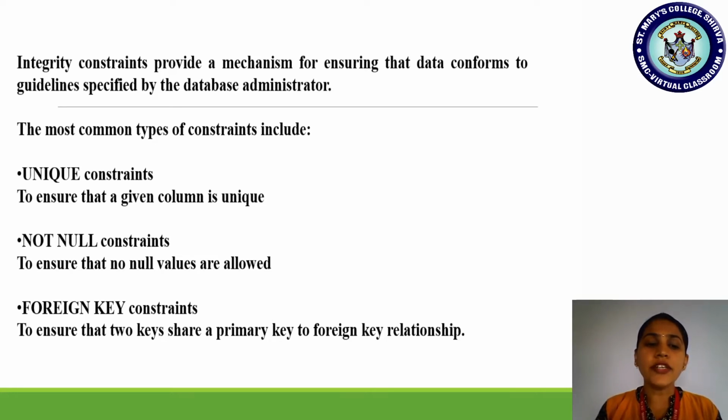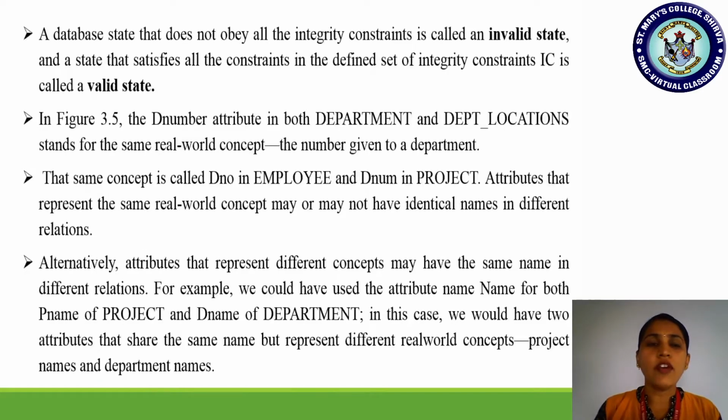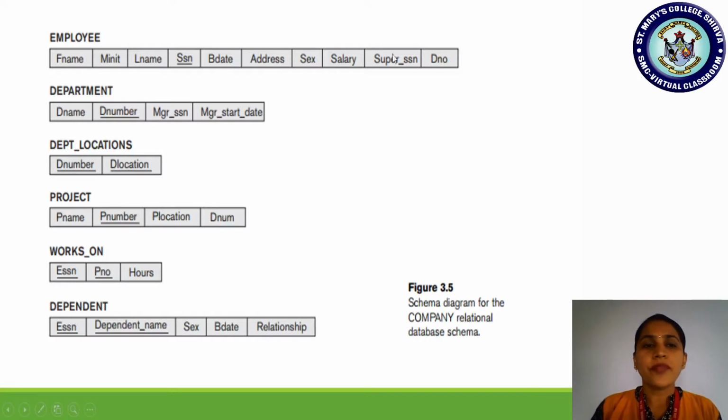To ensure that two keys share a primary key to foreign key relationship. So what do we mean by that? Just check out here, students. In one of the examples I had told, employee SSN is a primary key, right?